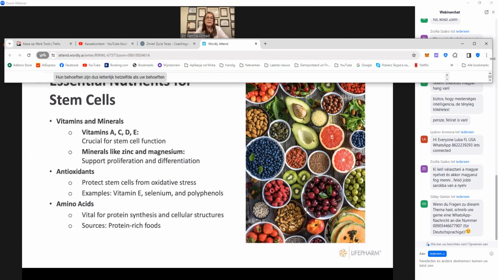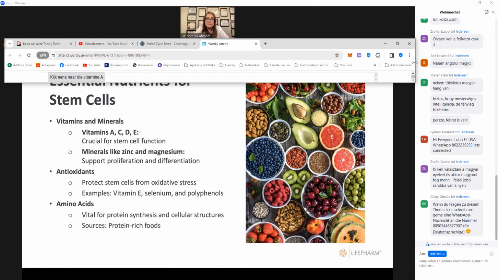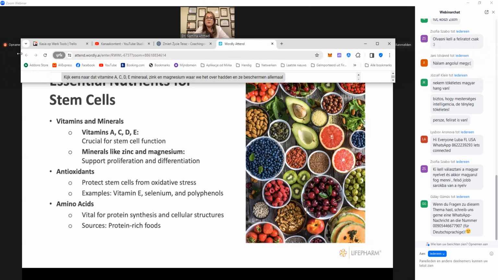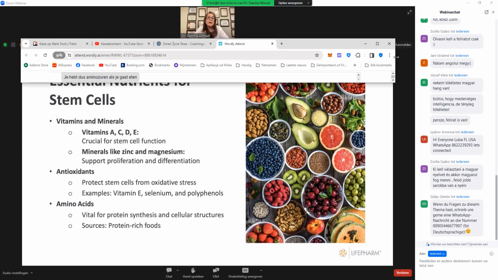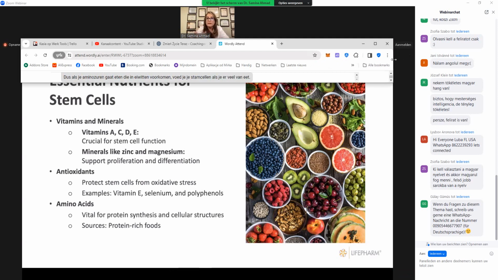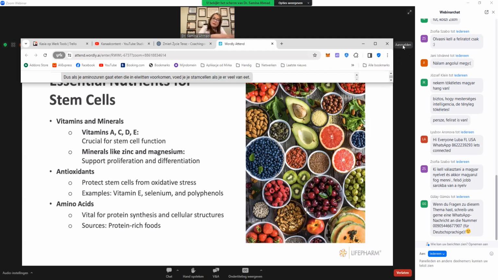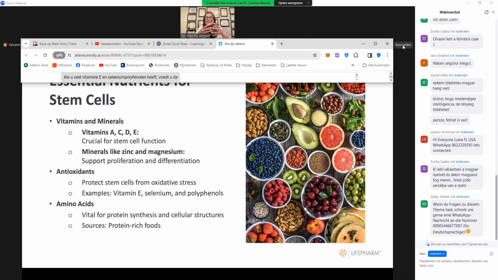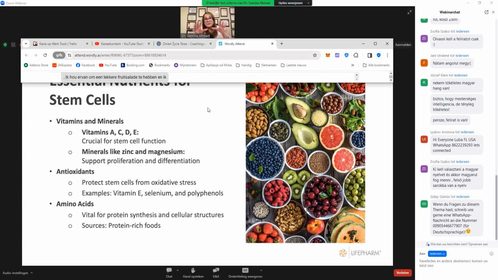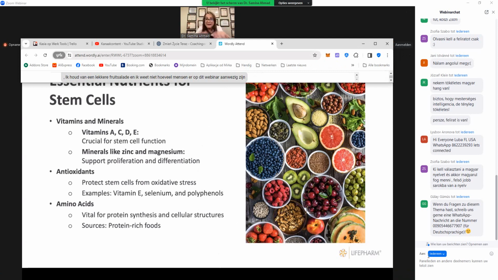Look at that. Vitamin A, C, D, E, minerals, zinc, and magnesium we talked about, and they are all protecting your body, literally. So if you are going to have amino acids, which are found in proteins, you will be nourishing your stem cells. If you are having a lot of vitamin E, selenium, polyphenols, you will be nourishing the stem cells. I love having a nice fruit salad, and I don't know how many people on this webinar love berries.